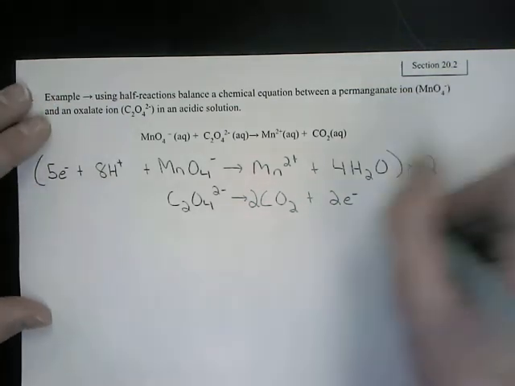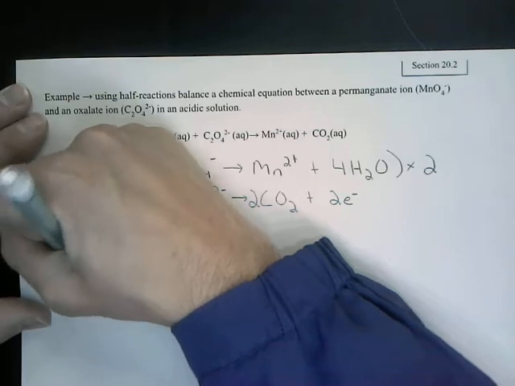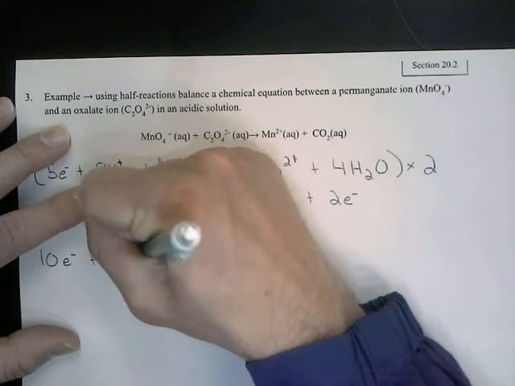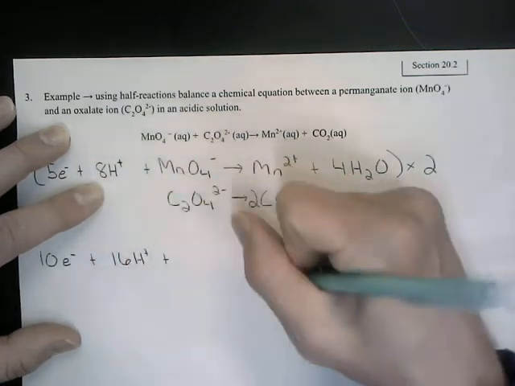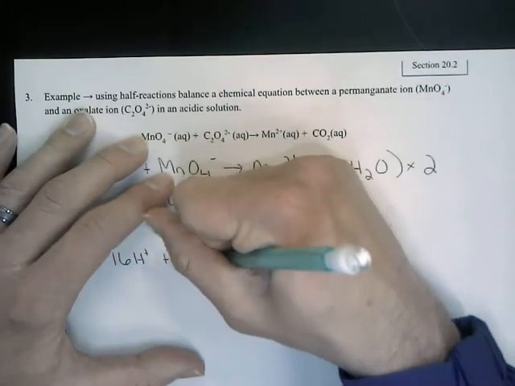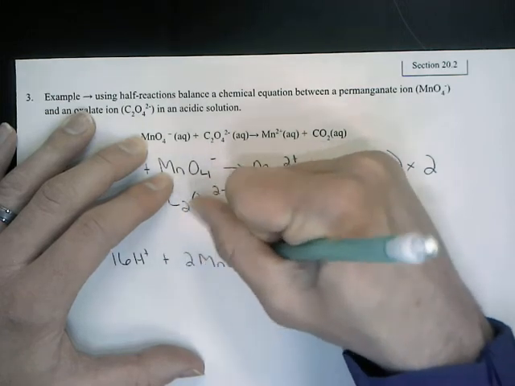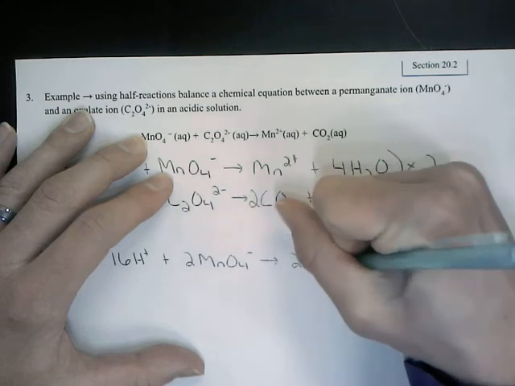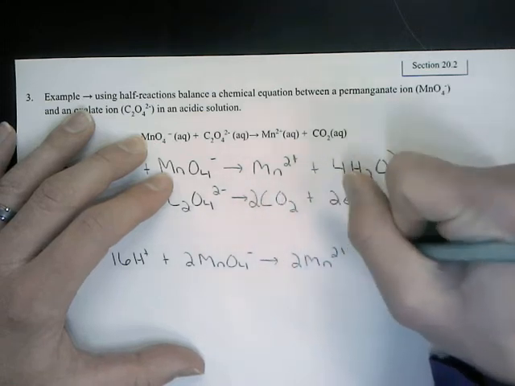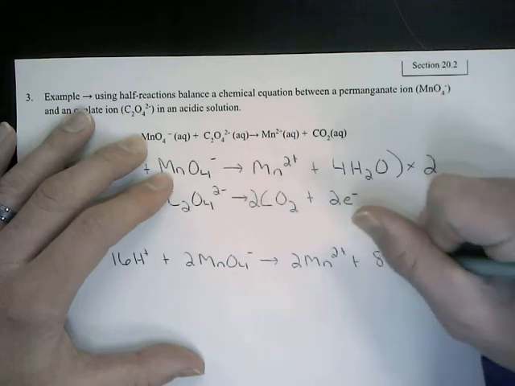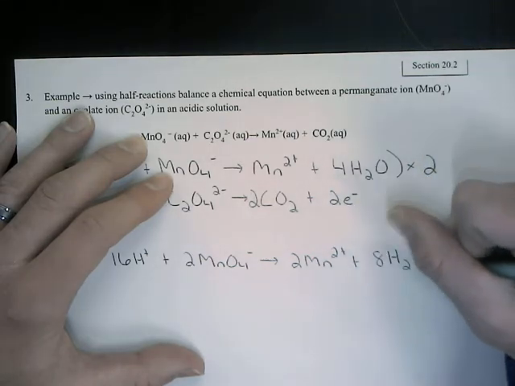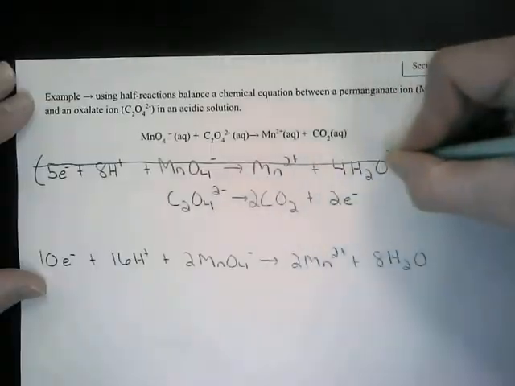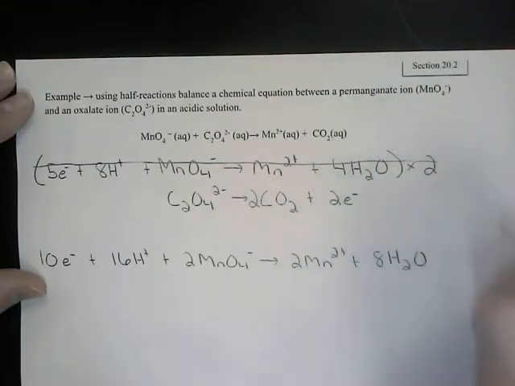So I have 2 times 5, which is 10 electrons, plus 2 times 8, which is 16 H pluses, plus 2 times 1 MnO4, the minus 1 charge, goes to 2 Mn2+ plus 8 H2O. Now, again, like I've done before, once I multiply something, I like to cross it out because I know I should not use that.